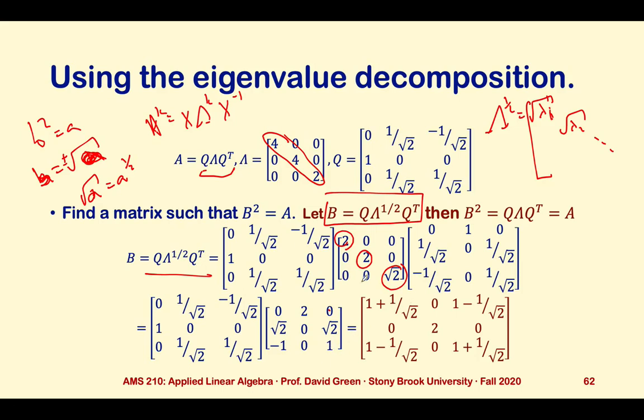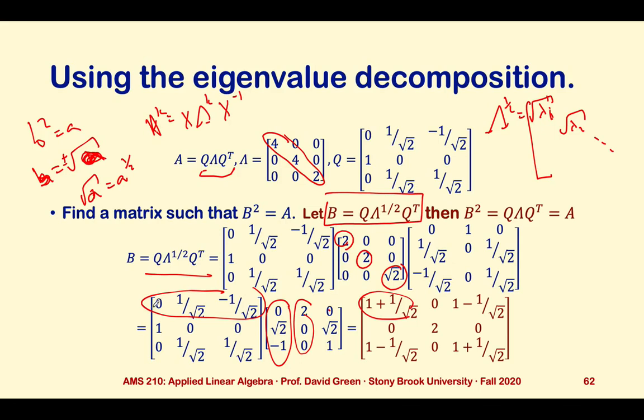We then take the second matrix product, again multiplying the first row by the first column: 0 plus root 2 over 2, root 2 over root 2, which is 1, minus negative 1 over root 2 times -1, so this is plus 1 over root 2, as we have here. Second column, 0 plus 0 plus 0.